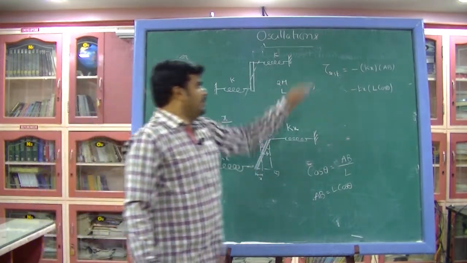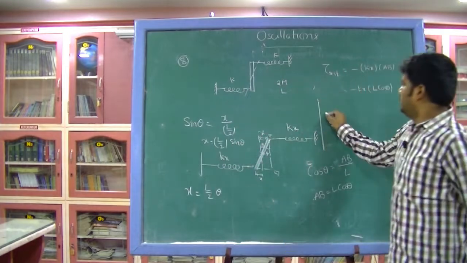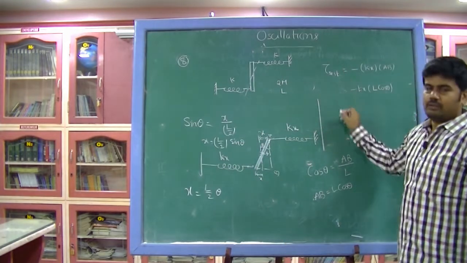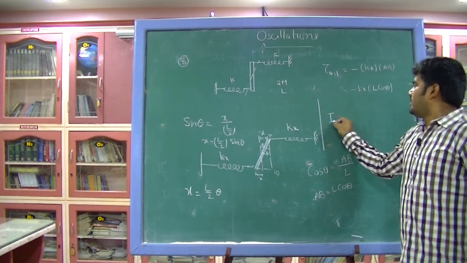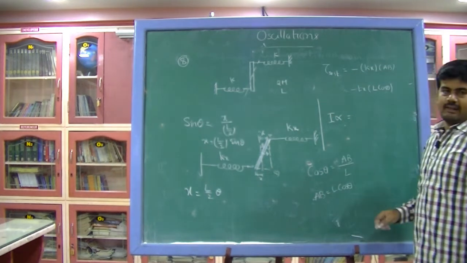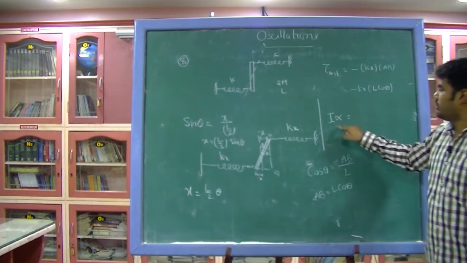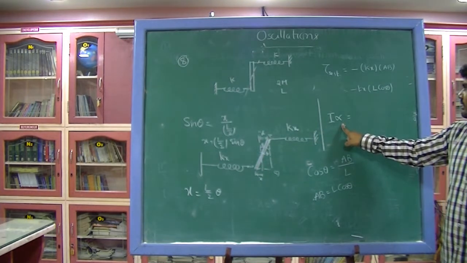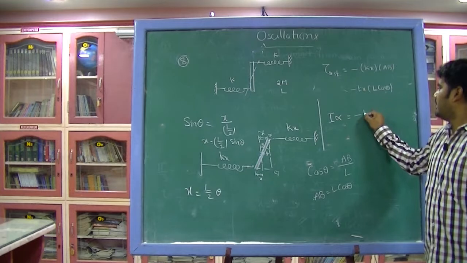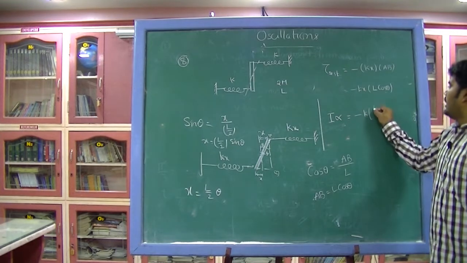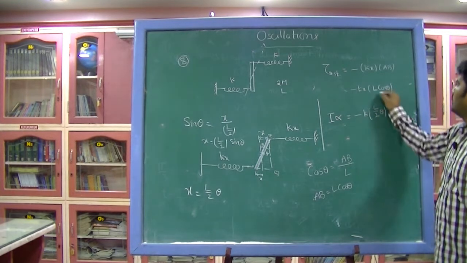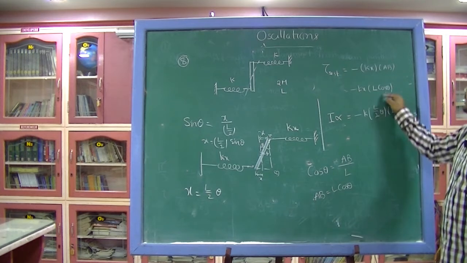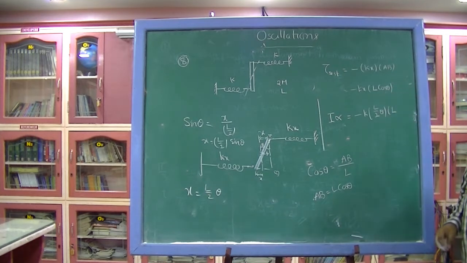Similarly, now let us substitute the value for the restoring torque. So, torque is I alpha, that is Newton's second law in rotational motion: moment of inertia of the rod into angular acceleration, that is equal to minus k into x value, L by 2 theta, into L cos theta, which is approximately equal to 1 for a small angle.